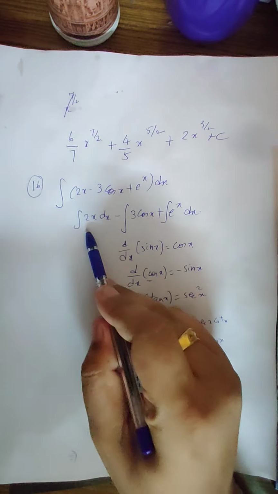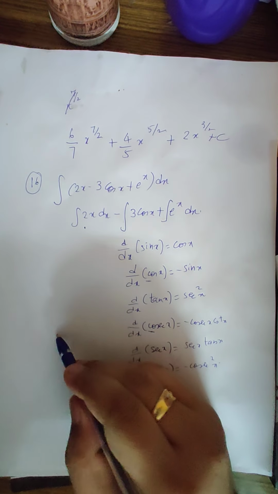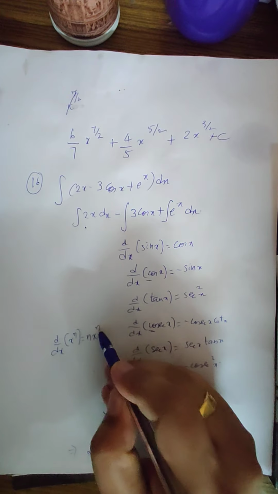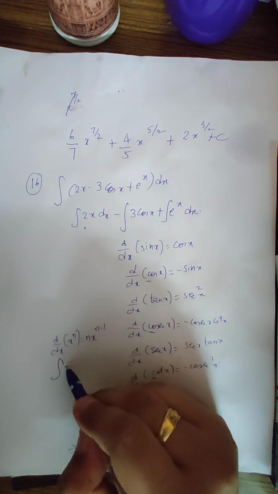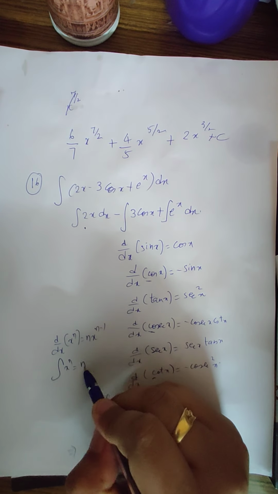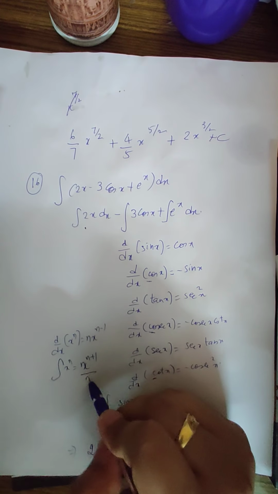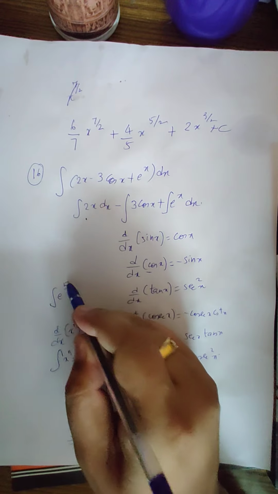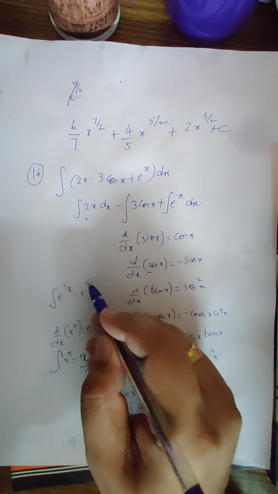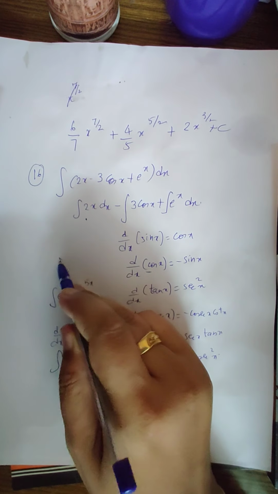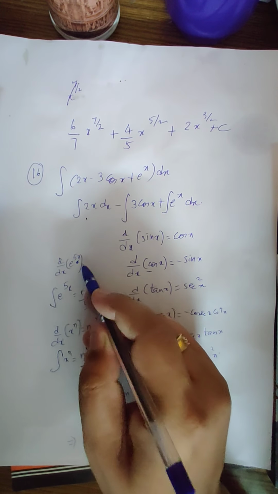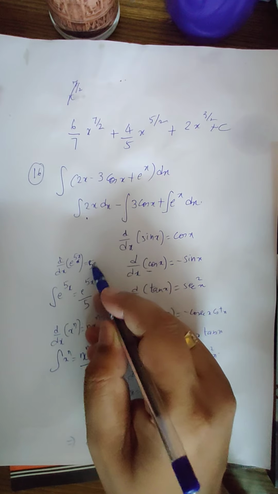So now we'll come to this problem. Again, this is just a list of formulas: integration of x power n will be x to the power of n plus 1 by n plus 1 plus c. Integration of e power 5x equals e power 5x by 5, and d by dx of e power 5x will be 5 e power 5x.